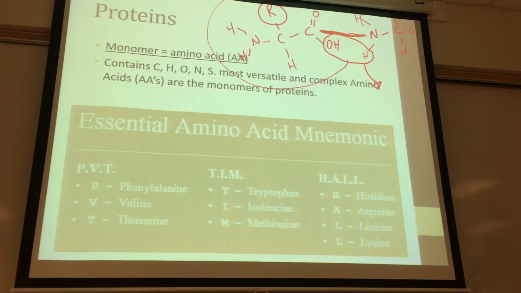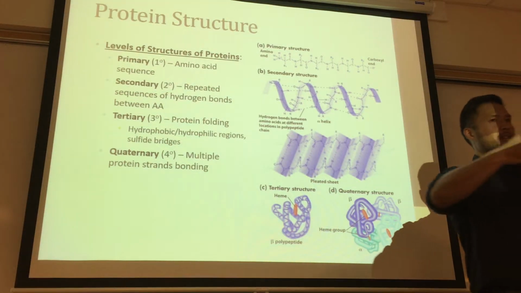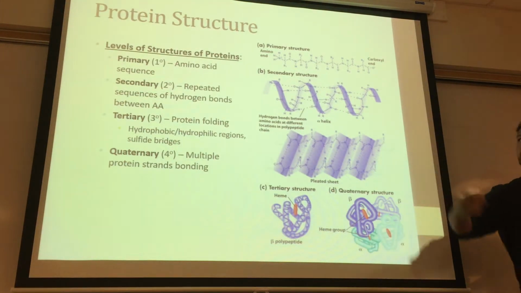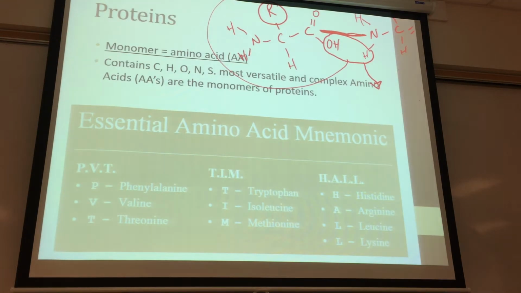Now take that image and string a bunch of amino acids all together, like a long Pez string, or like a pearl necklace of amino acids that are all strung together, and that's exactly what you're going to be able to see. One side is going to be the amino end, which you saw here. Here's the amine group. The other end is going to be the carboxylic acid end.